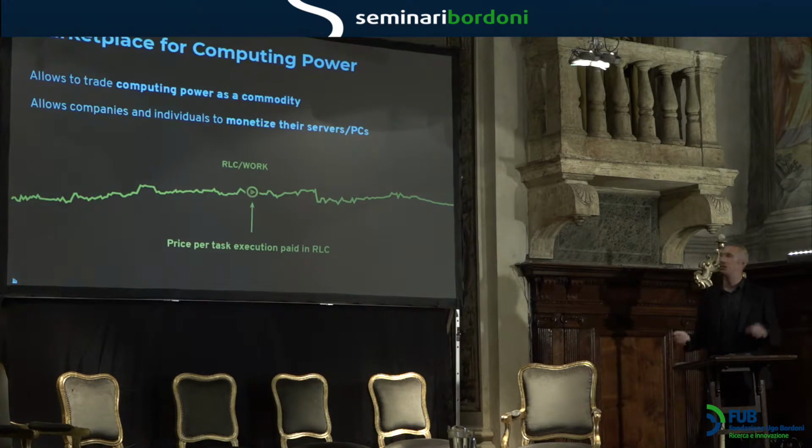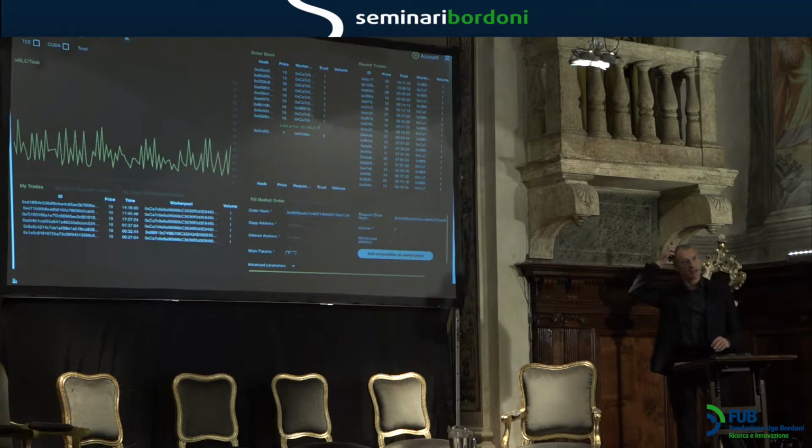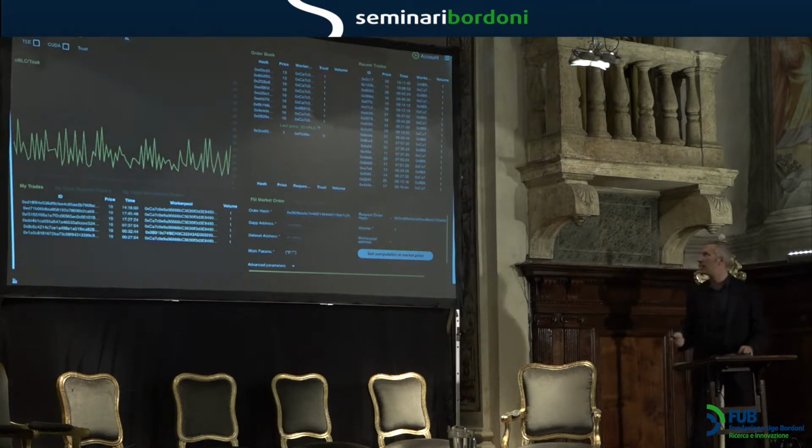I will just give you an overview of the UI. As you see, this really looks like a trading interface. This is the history of the price of a task to execute a task in RLC. This is an order book, so it's really like trading. You have ask and bid.